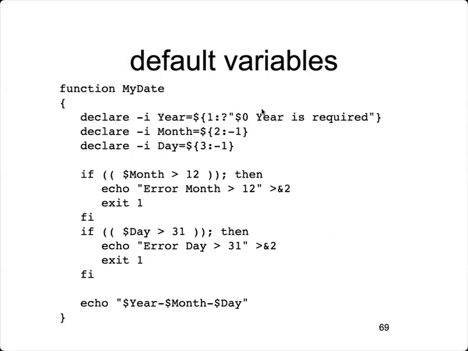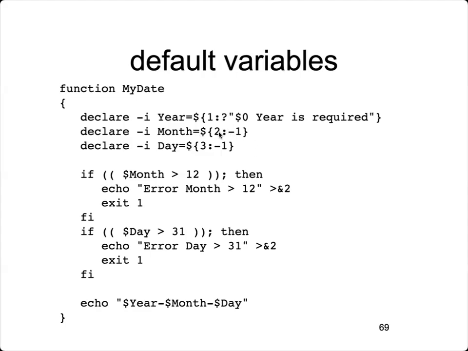All right. So let's just use that in an academic script here. The purpose of the script is just to concatenate year, month, and day together, passed in from my date, and do minimal checks to see if it's broken. So the year is required for the first parameter, but month and day are not required, right?